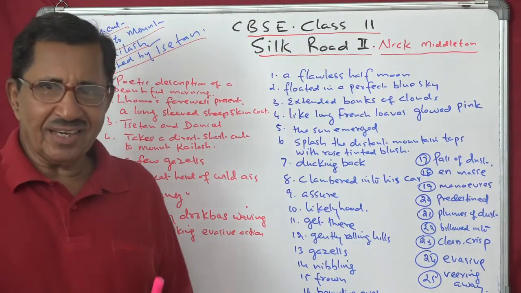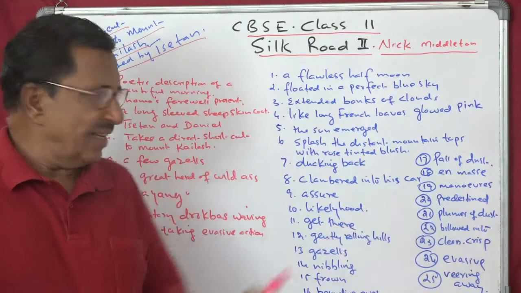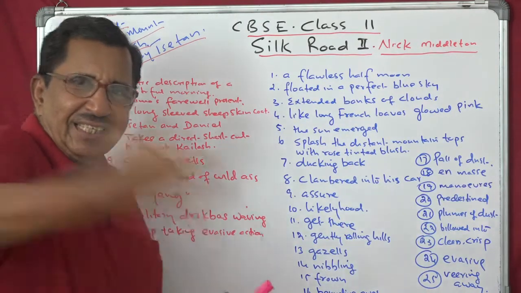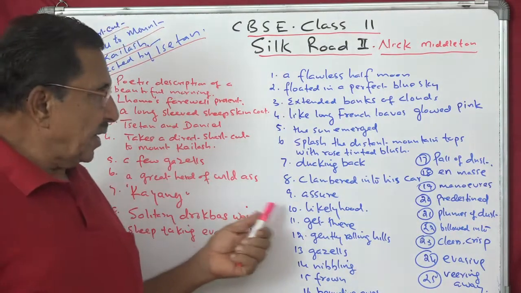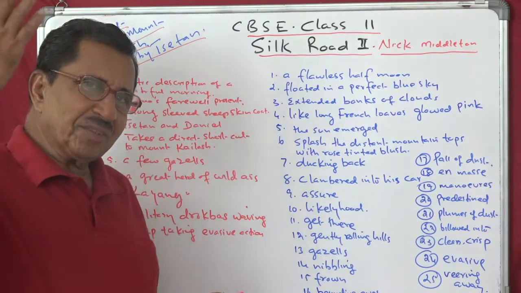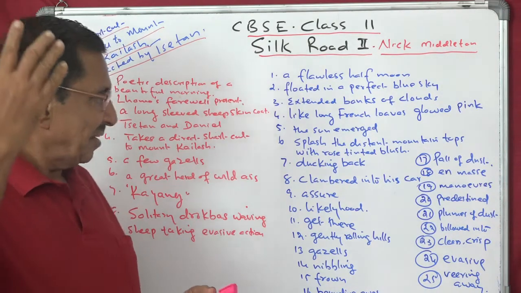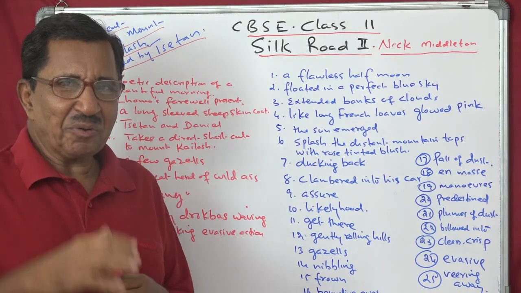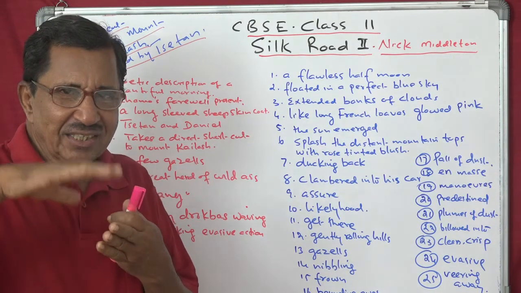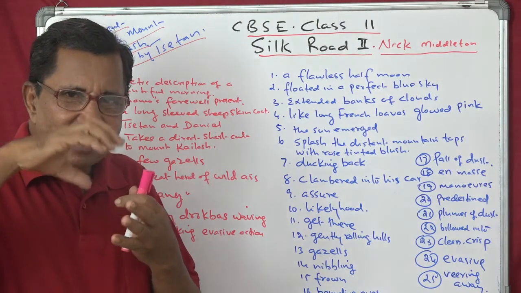But here it is not like that splash; it is spread like this. Just throw over it, that is splashing. Splash the distant mountain tops with rose-tinted blush. Rose-tinted means color, you can see.